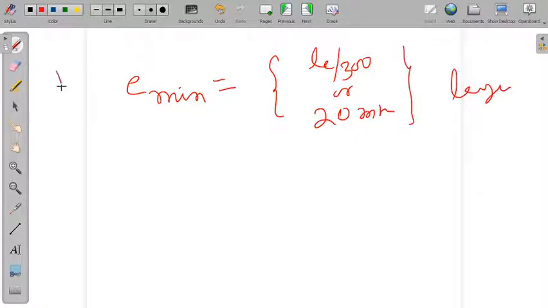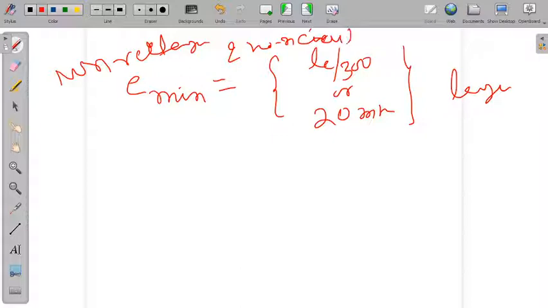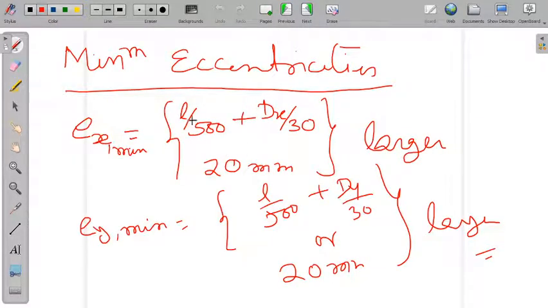This is for non-rectangular and non-circular. For circular case, it is the same as whatever I said earlier. It will be L by 500 plus D by 30 or 20 mm, whichever is larger. Here L indicating the effective length.